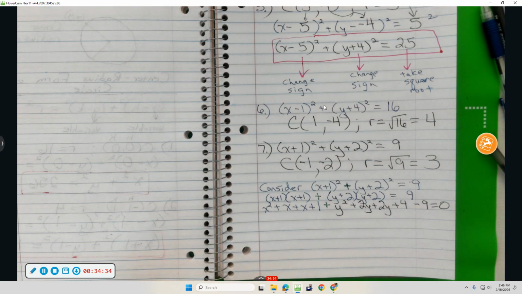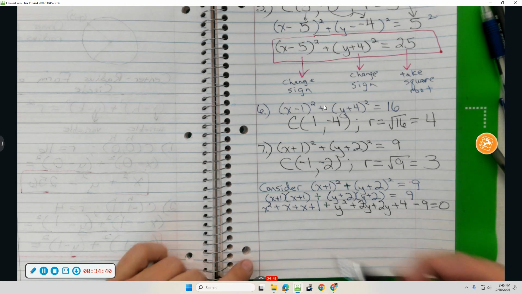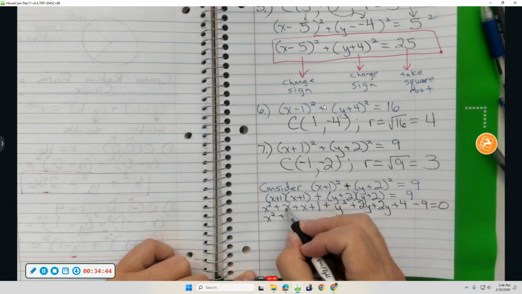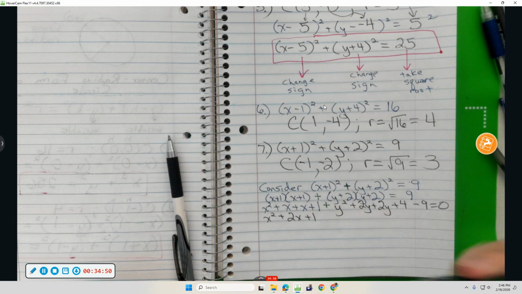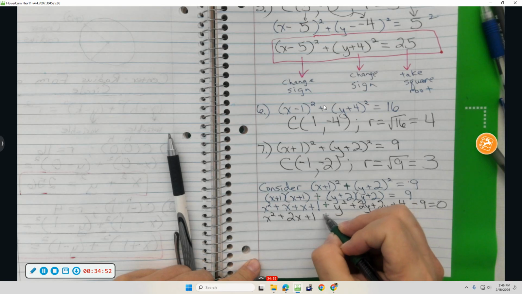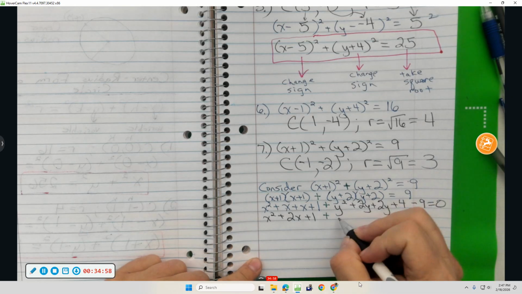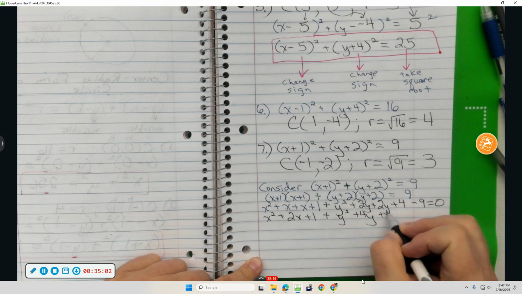Well, still. Now I think I'll combine the like terms. We have an x squared plus 1x plus 1x is 2x plus 1. And then 2y plus 2y, that's a 4y plus 4.